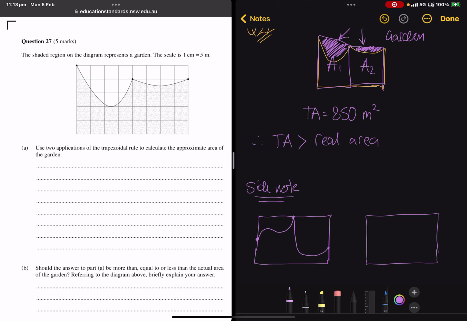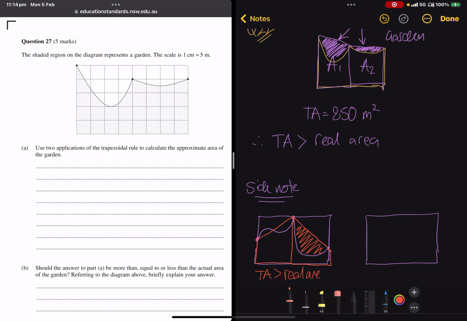If we turn this into some trapezoids, we'll change color to red, we have one trapezium here, and we have one trapezium here. Now in this case, the total area of the trapezoid rule calculation will be greater than the real area, mostly because of this bit here. Right? There's a massive overestimation in one of the applications of the rule. If we started doing more applications of trapezoid rule, this error would start to disappear.